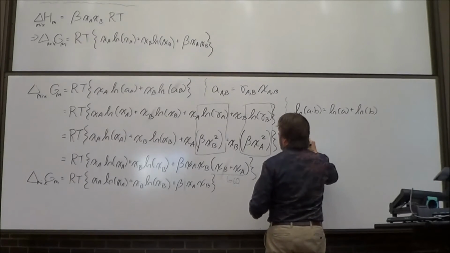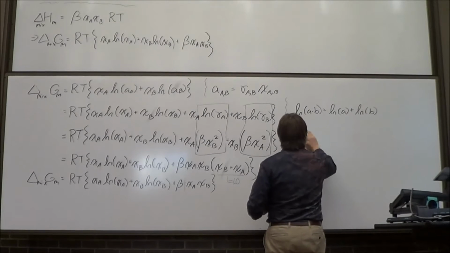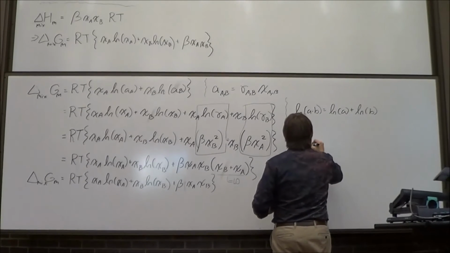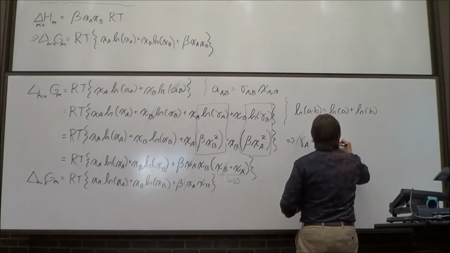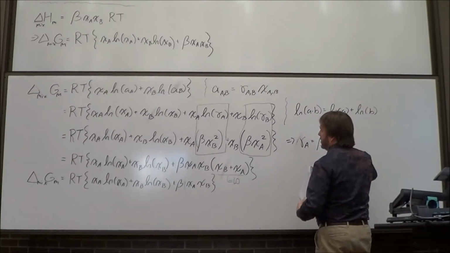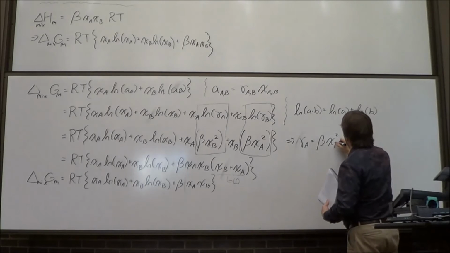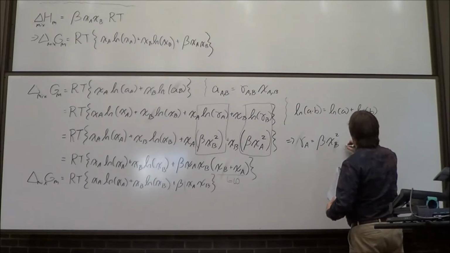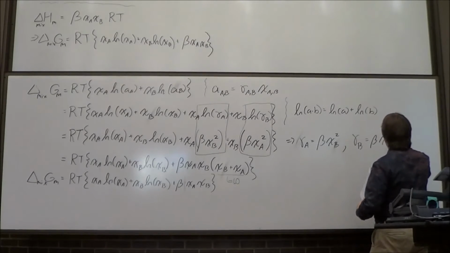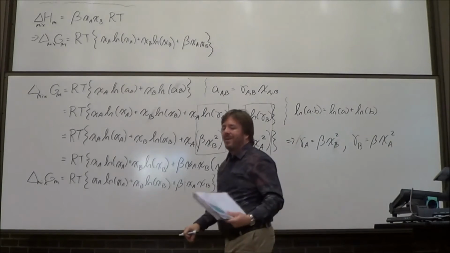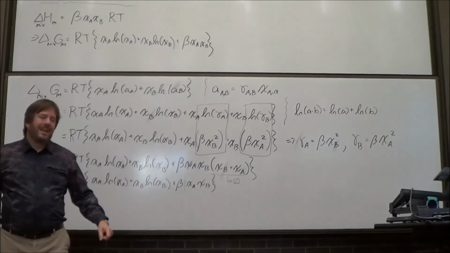Therefore gamma A. Remember, this is the correction factor that I said was just made up, but now it looks like it's not so much Chi-B. There we go. Okay, so there you go.